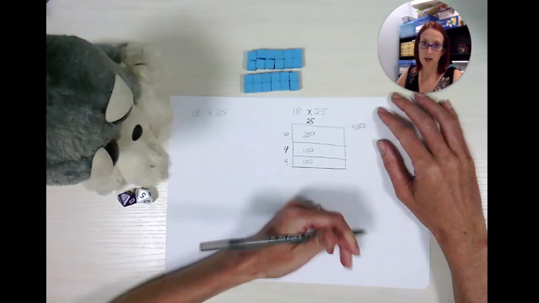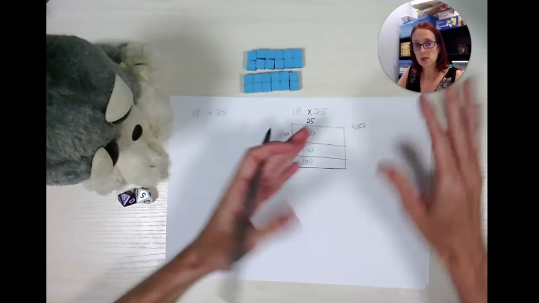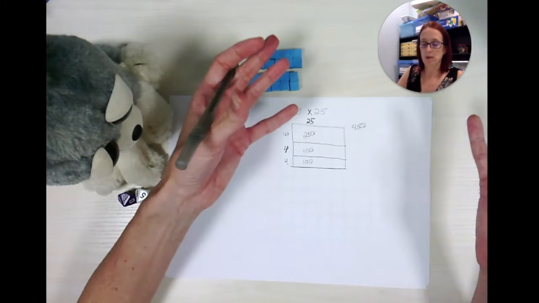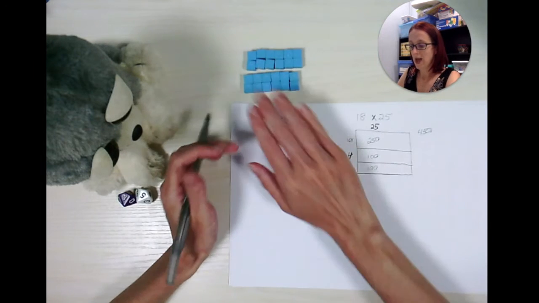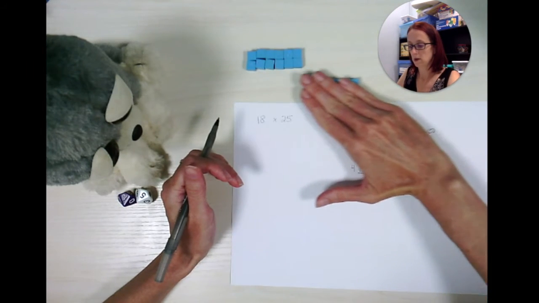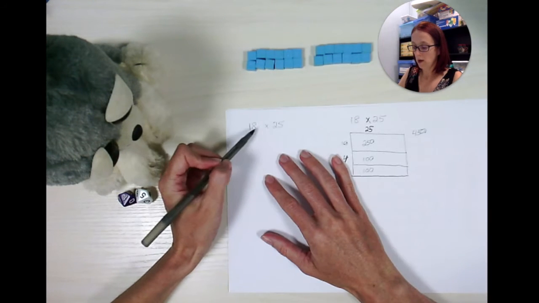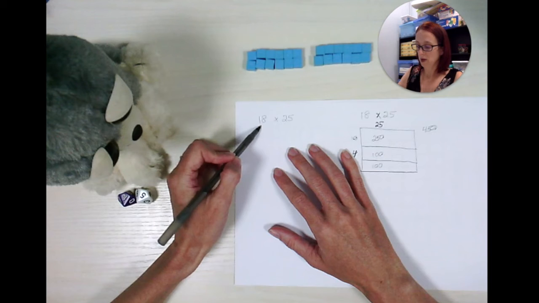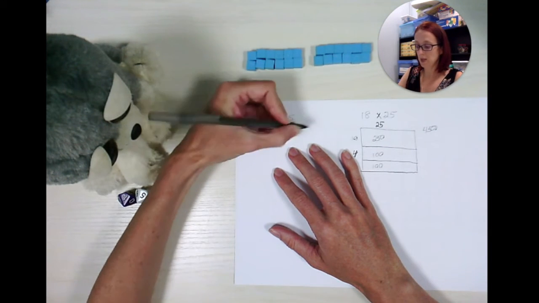I can do that in my head because I'm flexible with these numbers because I understand how to decompose and rearrange them. Another way to do that, you know how I halved and doubled, would be saying, okay, well, I'm going to cut this in half. 18 times 25 is the same as 9 times 50.